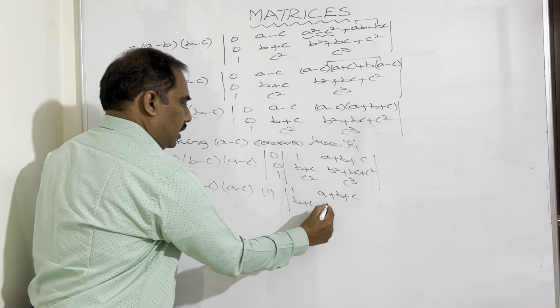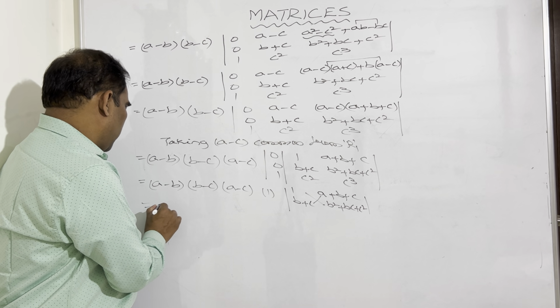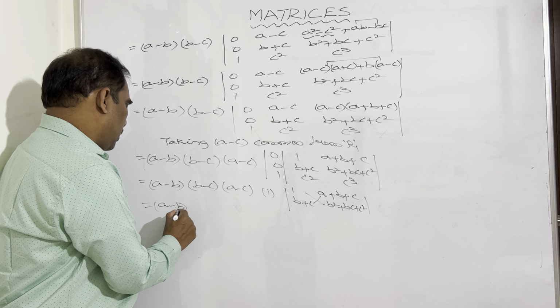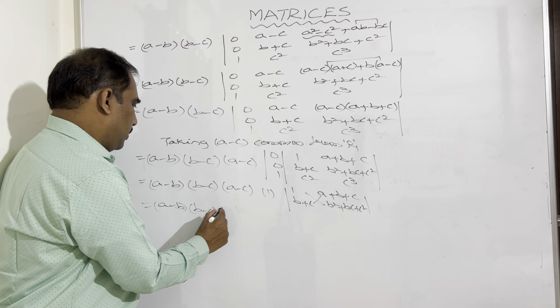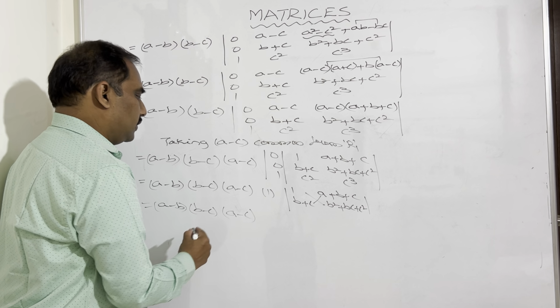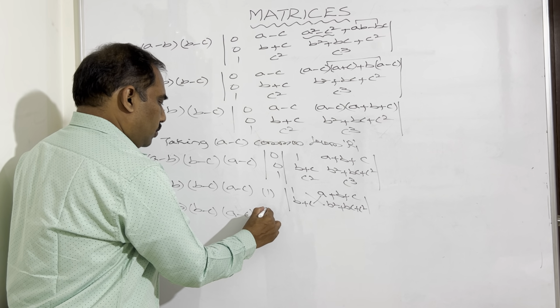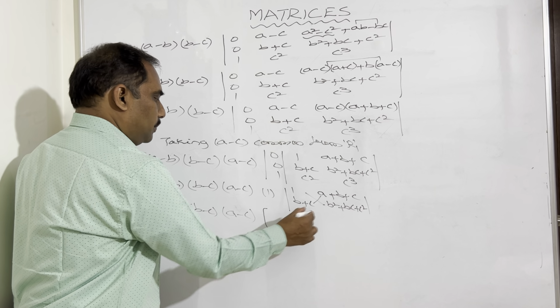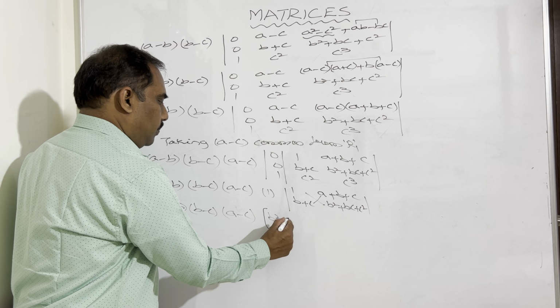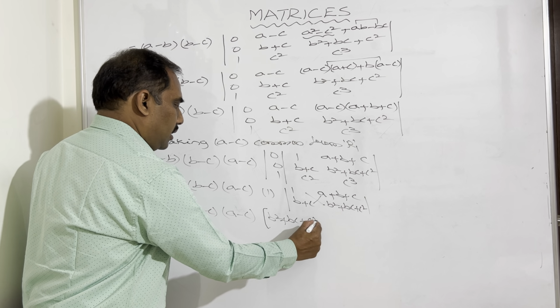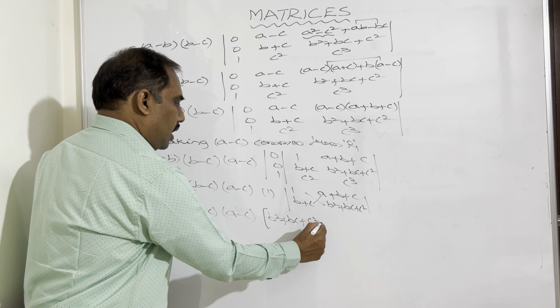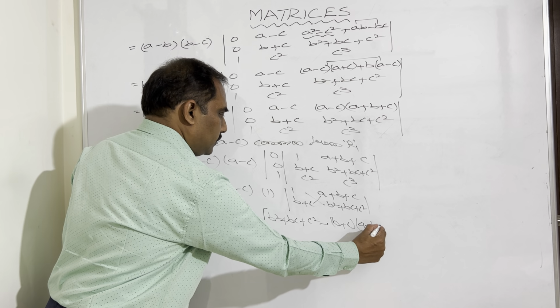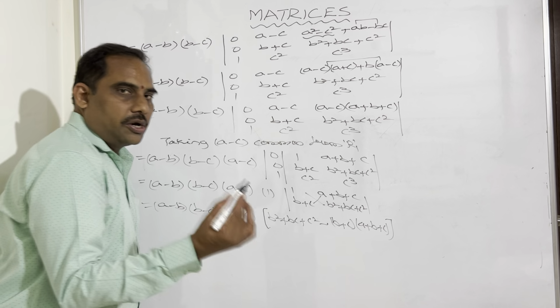Now when you find this determinant, we get a minus b into b minus c into a minus c, and here we get the determinant of, if you expand, b square plus bc plus c square, and minus b plus c into a plus b plus c, when you expand the determinant.